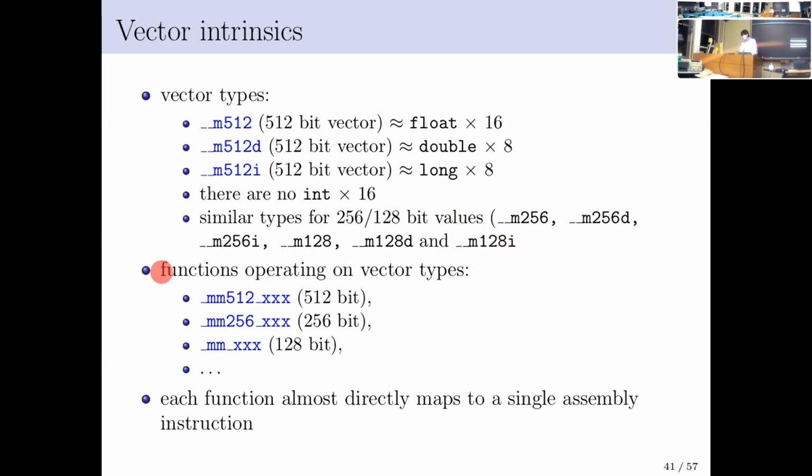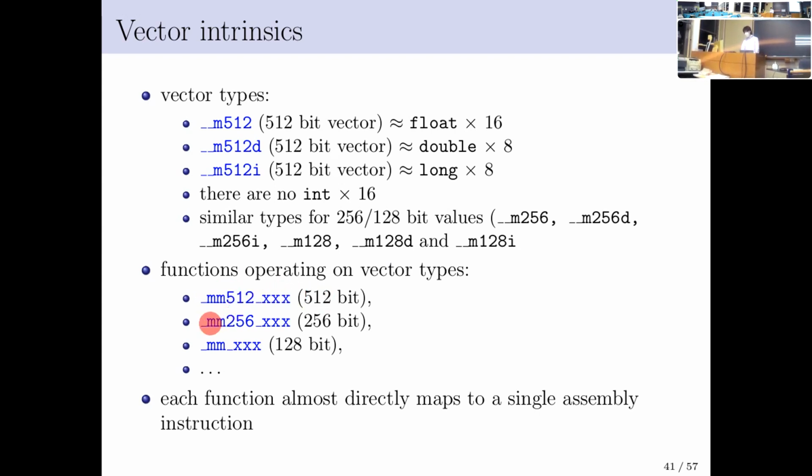And there are functions operating on these vector types, generally named like _mm512_blah_blah_blah. This part represents what they actually do. So these are functions operating on 512-bit values.